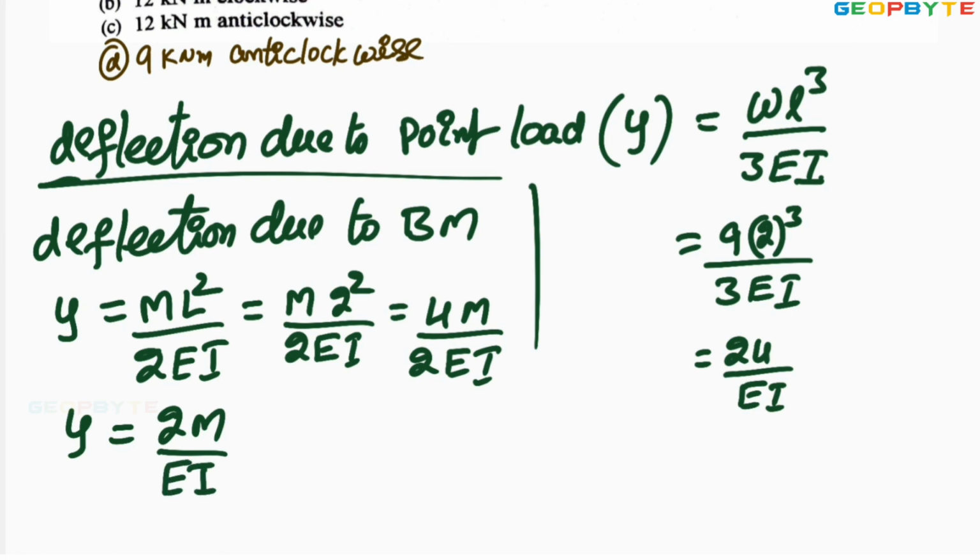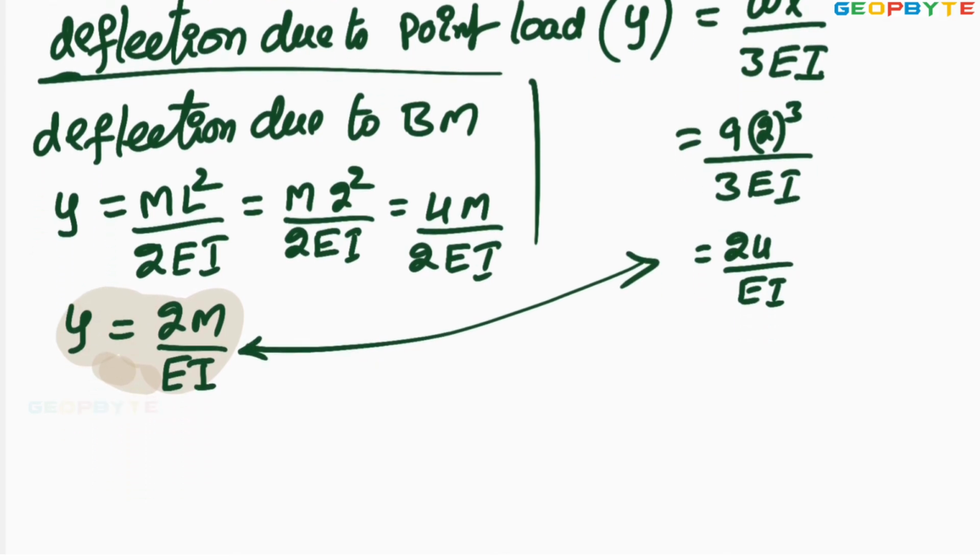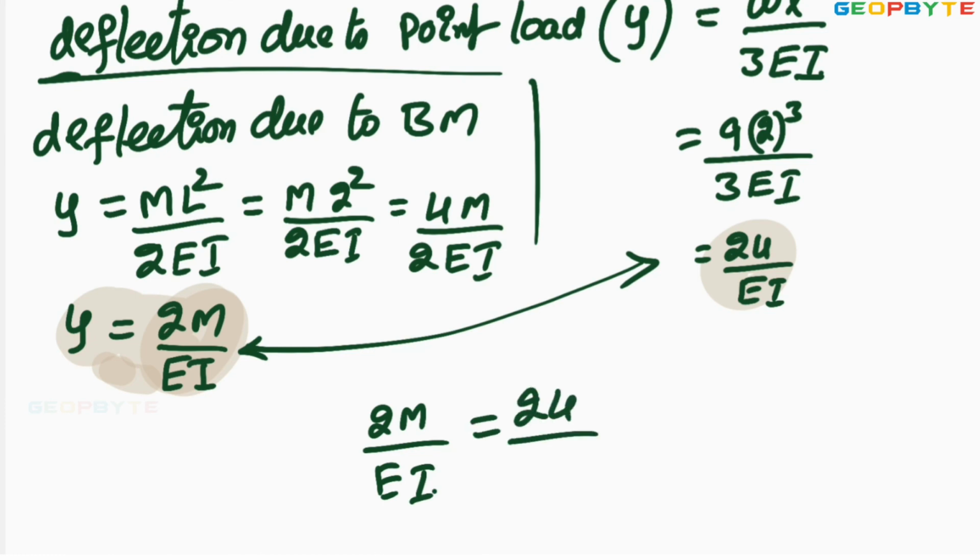This is the deflection due to moment, but he wanted to avoid the deflection completely. For avoiding the deflection completely, you must apply the moment M. Now equate this relation and this relation for getting M. So finally, 2M by EI must be equal to 24 by EI.